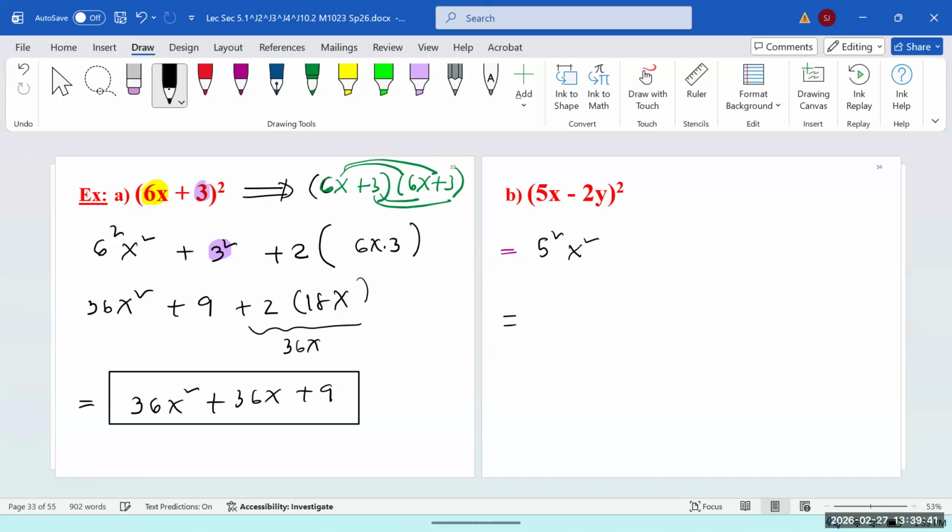I'm sorry, 25. And then you have negative 2y squared, which is negative 4. No, it's always positive. Always positive. So 2 squared, y squared, we have 4y squared.